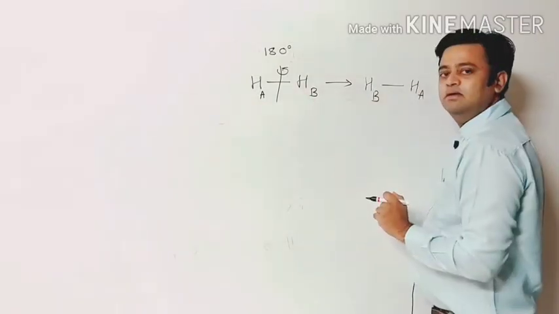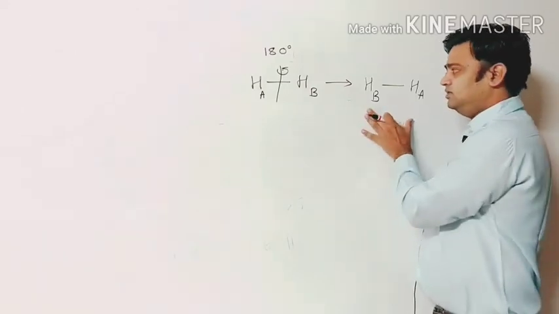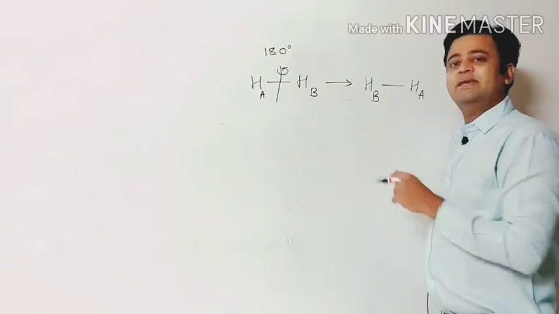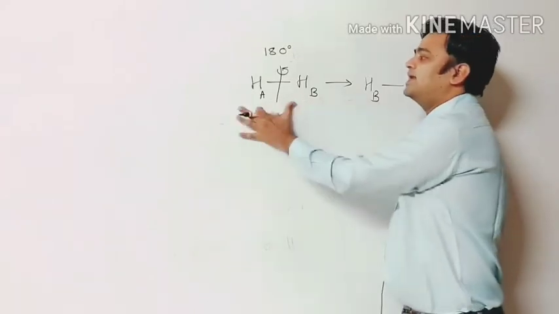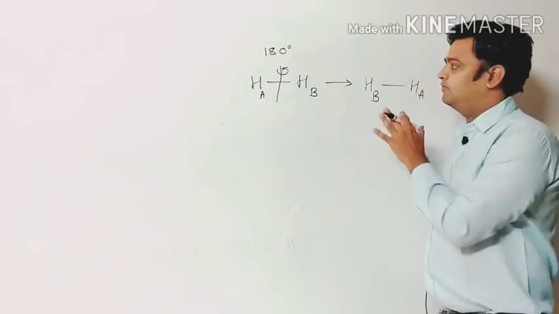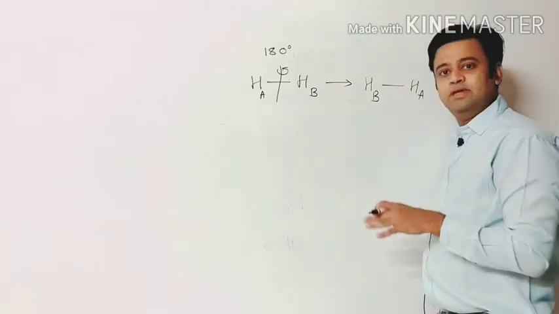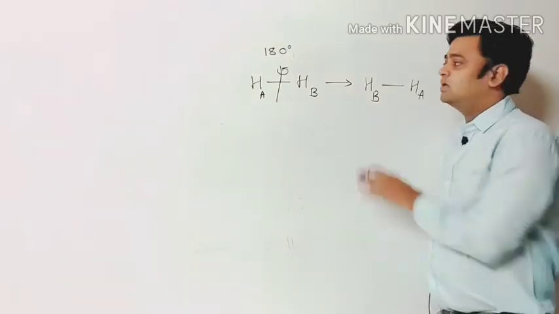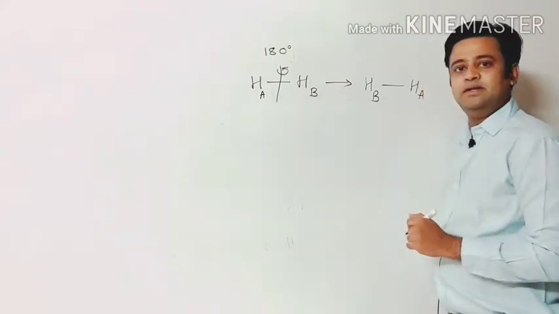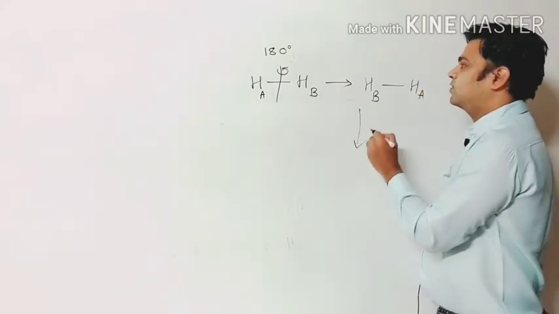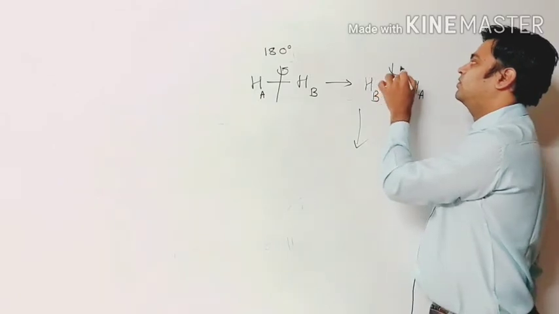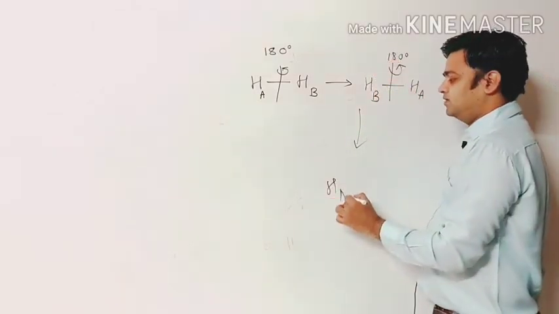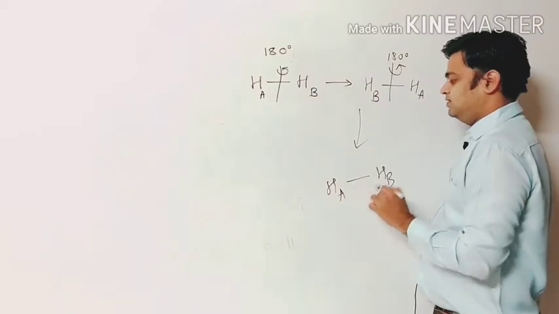So it is the same molecule. The configuration is the same, but it is not the identical molecule, right? An equivalent configuration is there, an equivalent molecule is there, but not the identical molecule. Again, if we rotate it once more by 180 degrees, it will come back to its original position. Why does this happen?